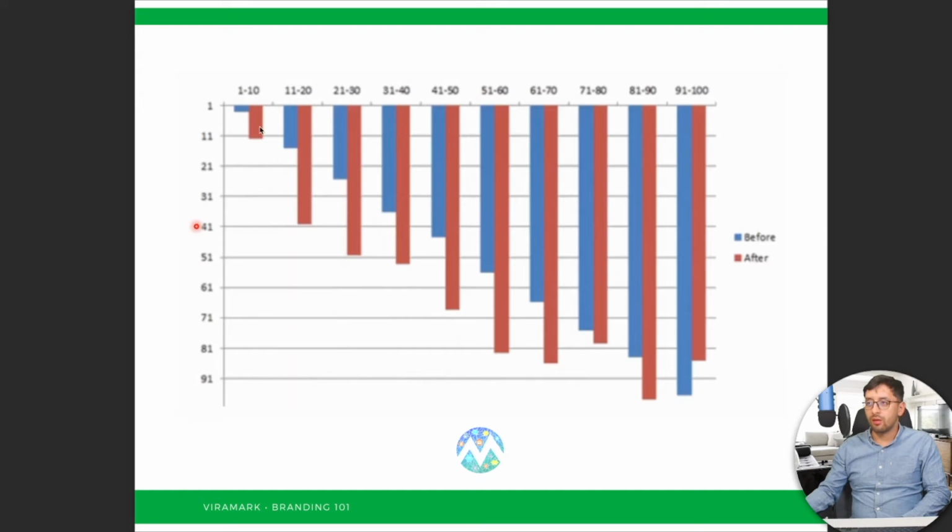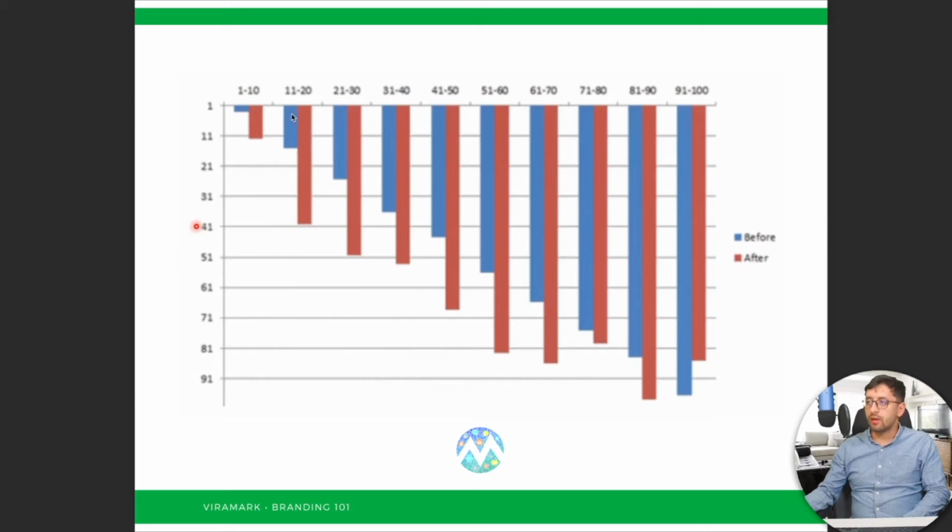And this is a huge problem for any business, because the main purpose of having a website is to sell your product. There are different types of websites, but if you have a business, you want to sell a product. So if you were ranking first, you were ranking 10th after the Penguin algorithm came out.